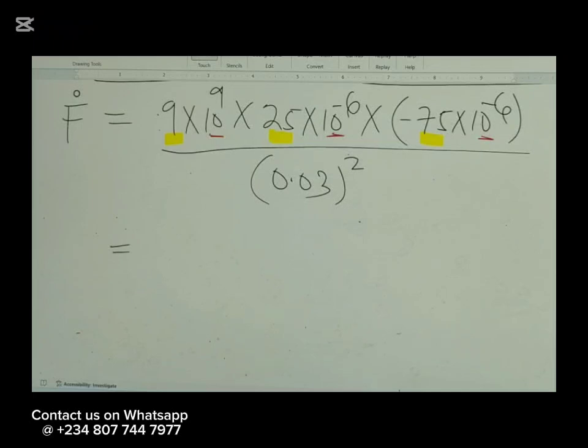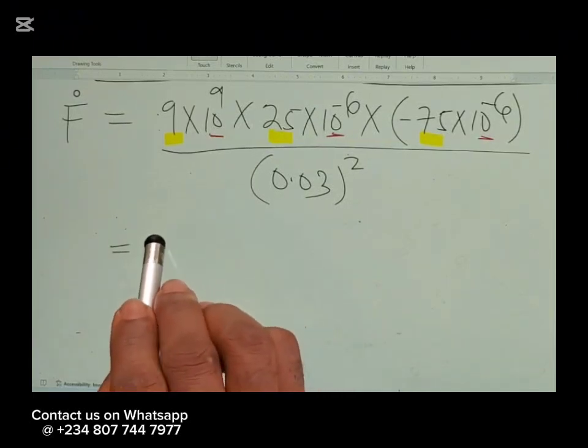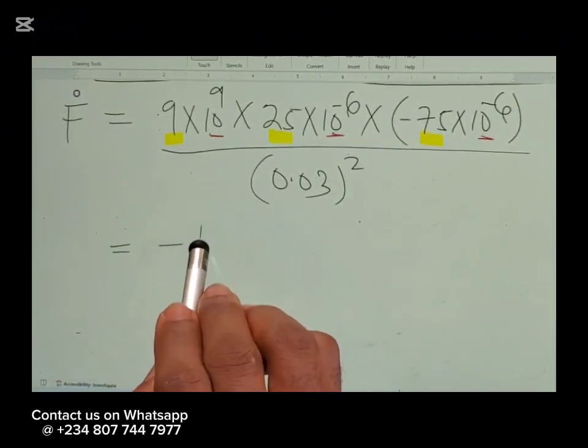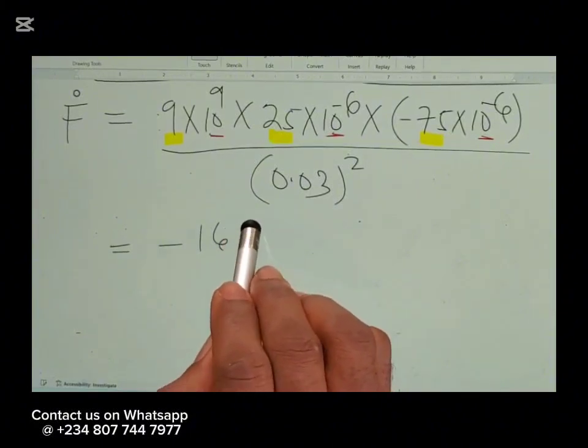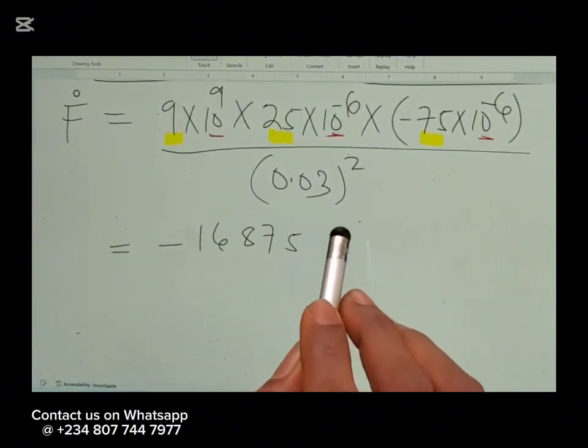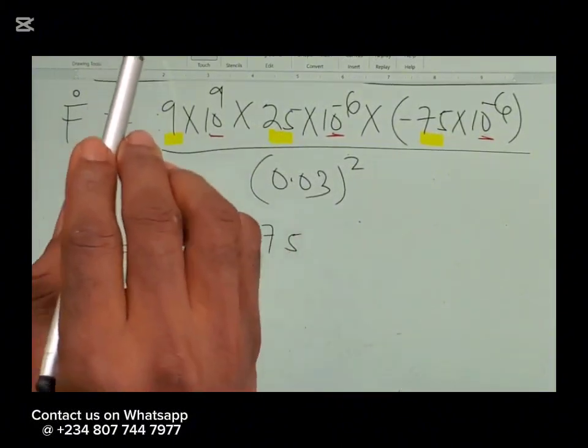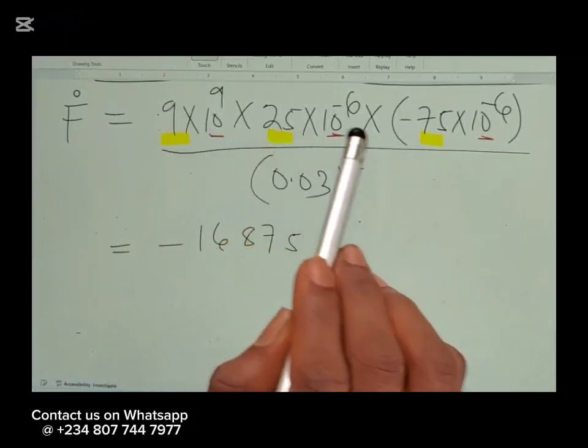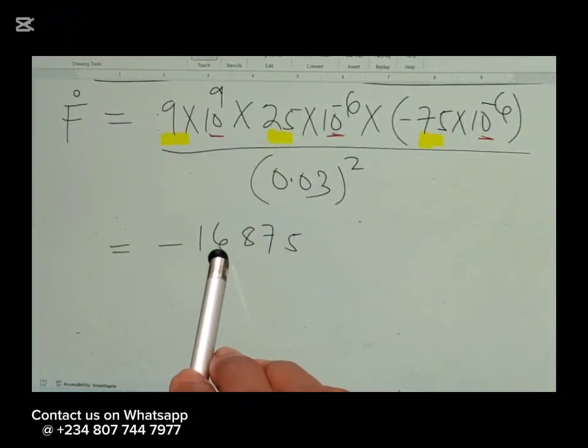Okay, class, we are going to have this to be minus 16875. So we have multiplied all the numbers, that is this times this times this, gave us this.